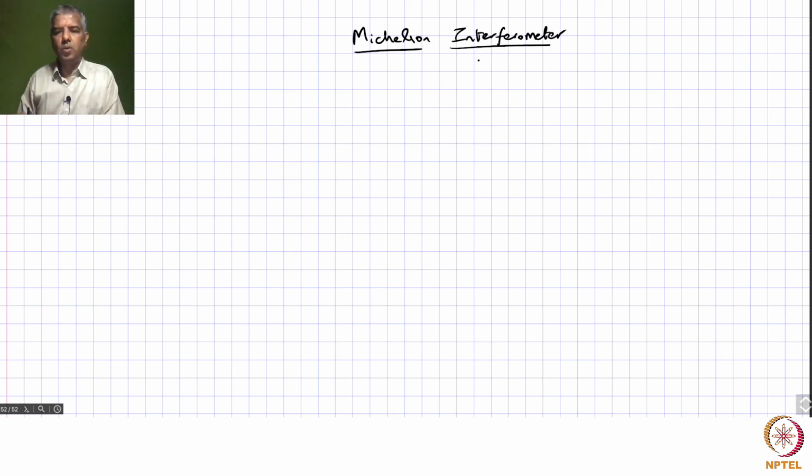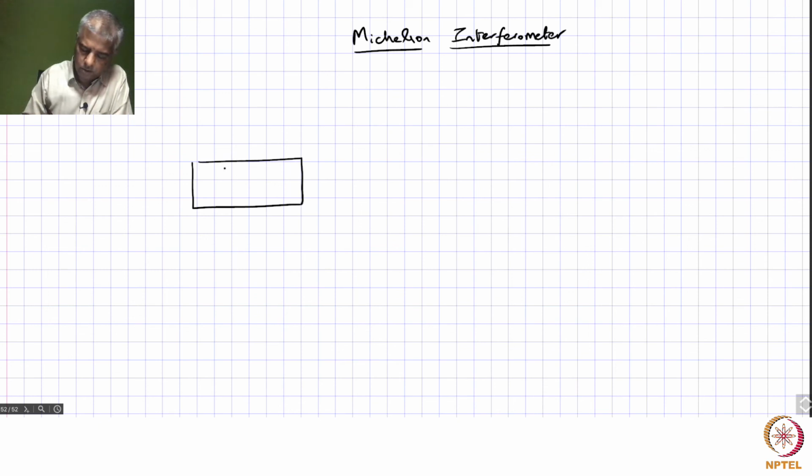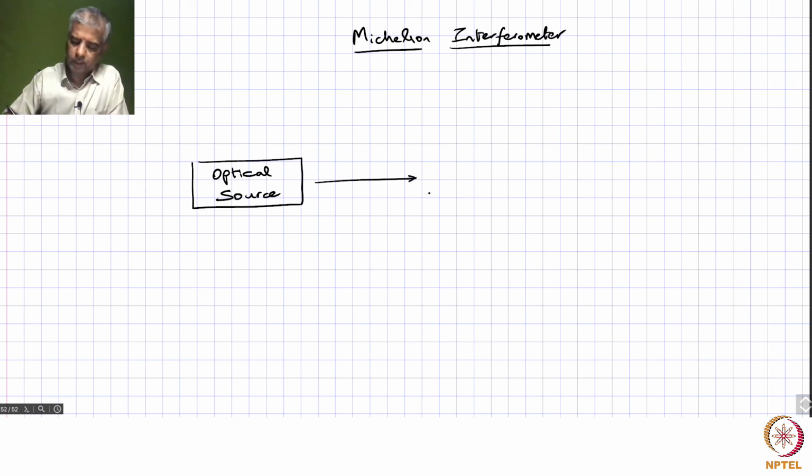Okay, so what does a Michelson interferometer consist of? Well, you will have an optical source that goes off, and then you have a beam splitter that sends part of the light in this direction and the other part in this direction.